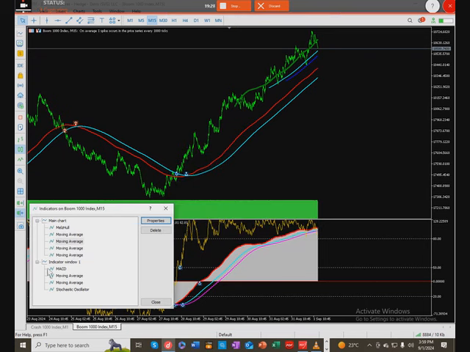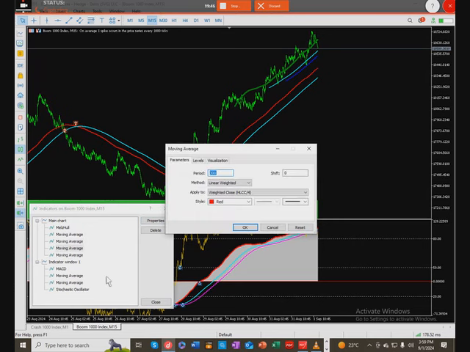That's it, ladies and gentlemen. And then we have these two now. That first two is that one, and then we have these two now. This one is period 300, method linear weighted, and apply to weighted close.